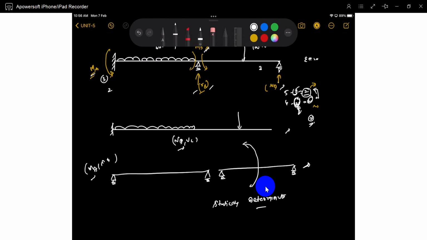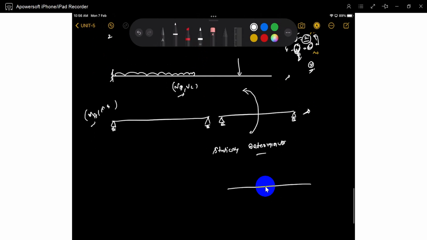Understood? Previously also in the solving of a propped cantilever, one end is fixed, only one static indeterminacy. Either you find out VB, or if you know VB you can find out this value. Otherwise if you know the moment here, you can find out VB.